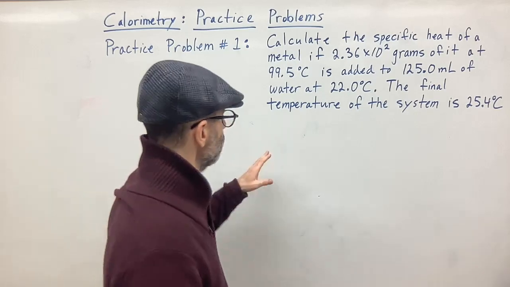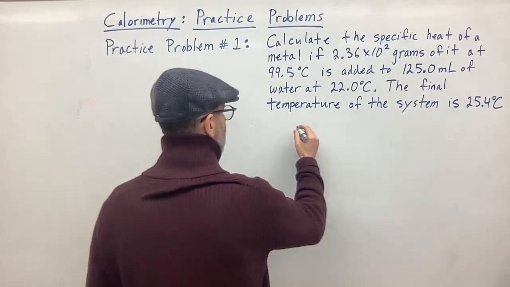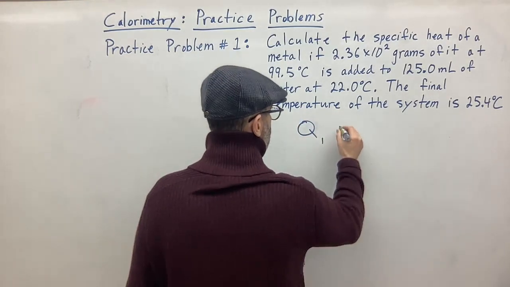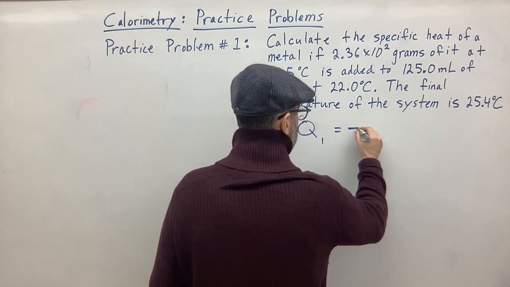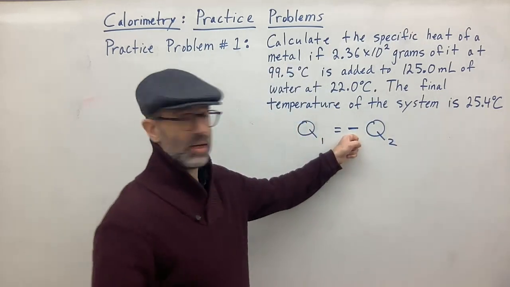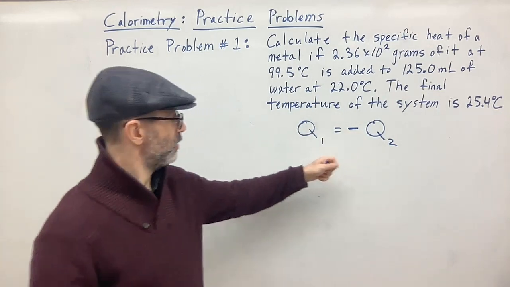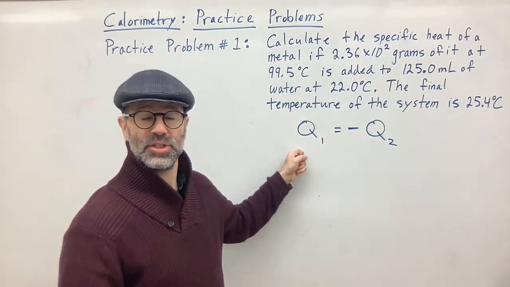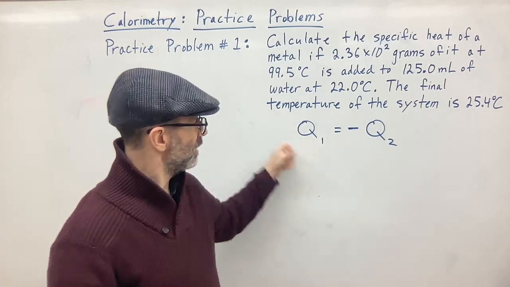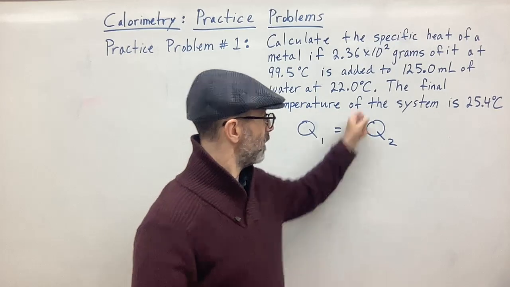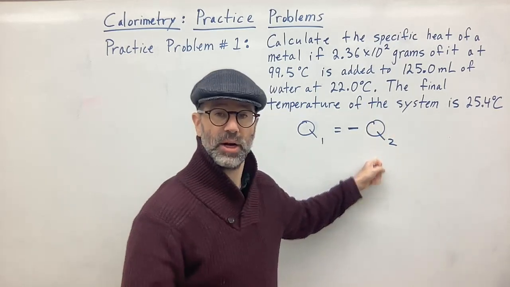So we represent that as, remember, Q1 is equal to the negative of Q2. And remember, this negative means the opposite of, right? So whatever amount of energy is gained by this part of the system is lost by this part of the system, right?